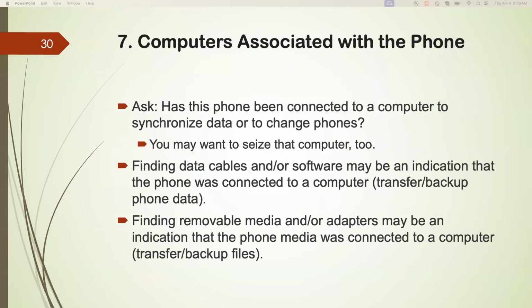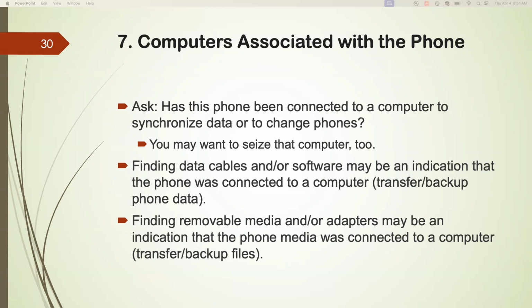So, computer associated with the phone. As we mentioned earlier in this lecture, most of the time, all of us have used this feature where we back up our data, maybe photos from the last trip, or important documents, from the phone to your computer. There are multiple ways. If you talk about SD cards, there are SD card readers that are separate devices that a person might use, or they can also use the data cable that comes with the phone.